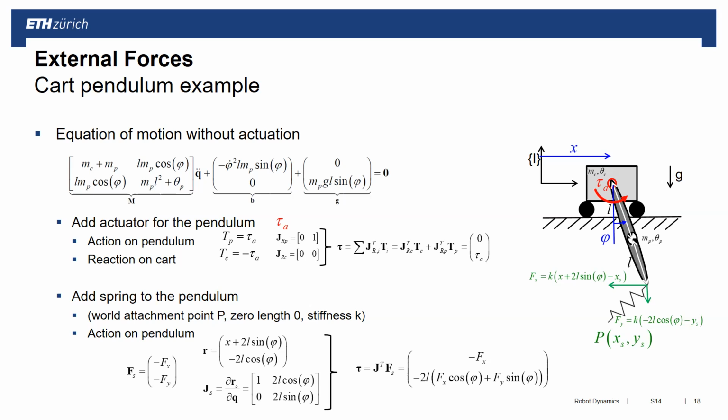I have to understand how they influence it. Whenever I have an external force, I need the Jacobian of that point or body where this external force or torque applies, and use that to bring it into my dynamics equations of motion.